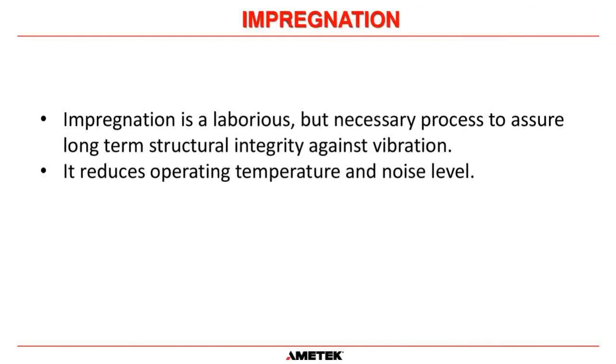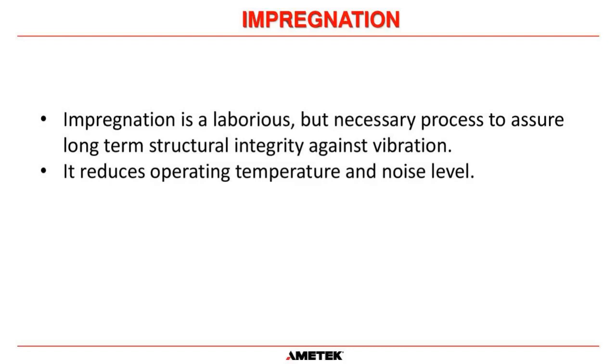There's cheap ways to do impregnation. We don't go the cheap route. It's quite laborious. There's a lot of work that goes into this process. It's called the VPI, vacuum pressure impregnation process.